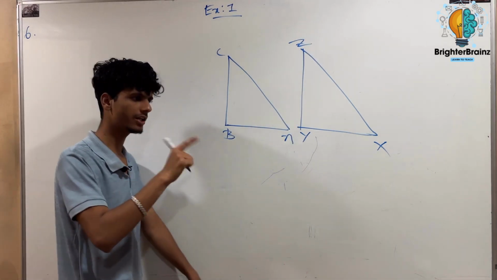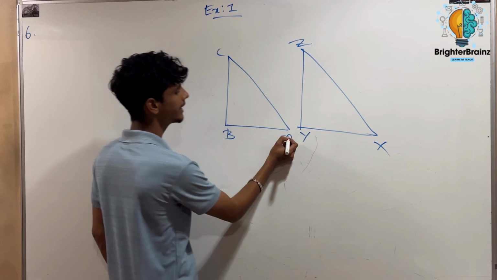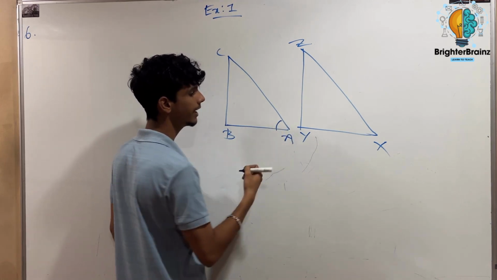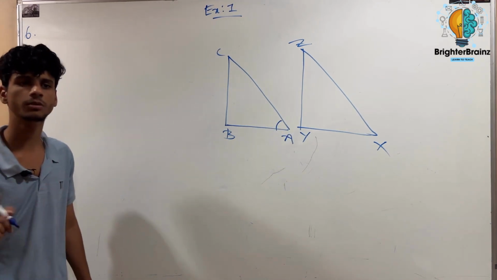So triangle ABC and triangle XYZ, and angle A and angle X are acute angles. What does acute angle mean? Below 90.